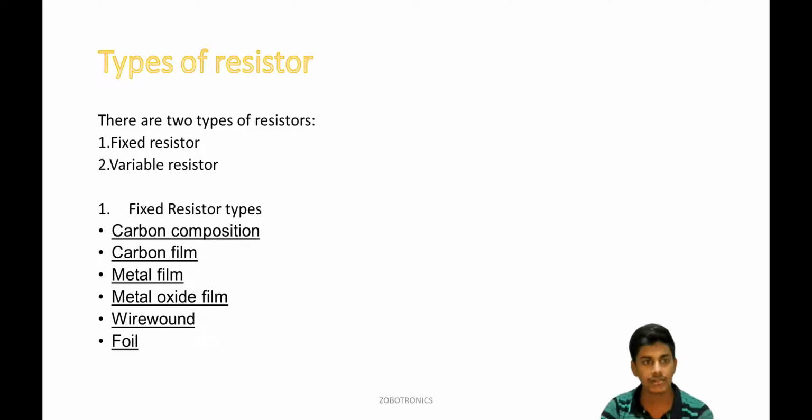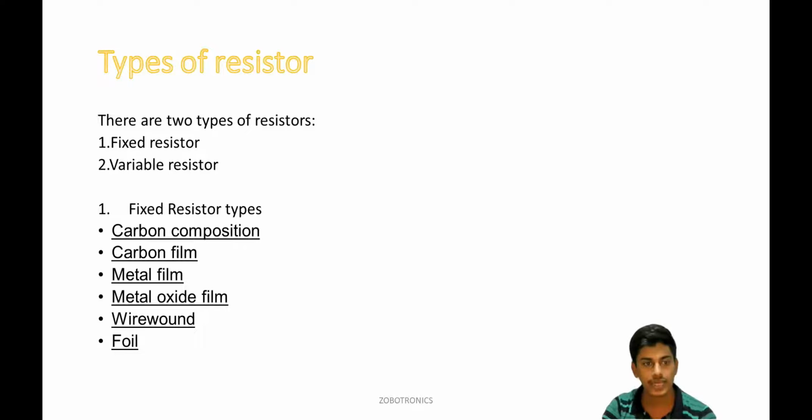Now we will be seeing what types of resistors there are. Basically there are two types of resistors. One is the fixed resistor, and the second is the variable resistor. The fixed resistor has many types according to its composition.